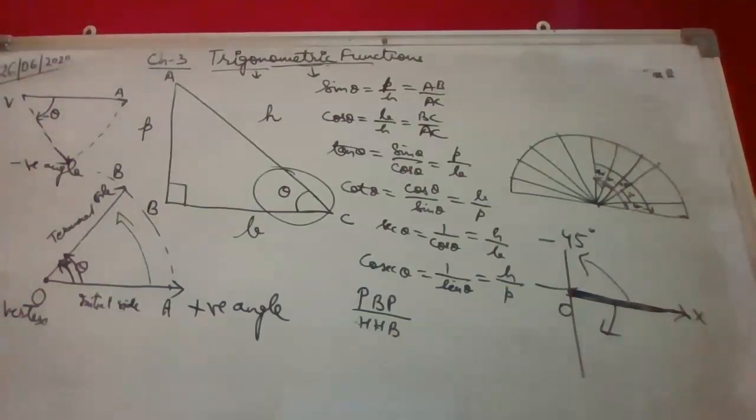Now in 11th we also are going to study about another unit of angle in which angles are measured, that is the radian measure. We also will be studying about conversion of degree measure to radian measure and radian measure to degree measure. So let's come to that part.